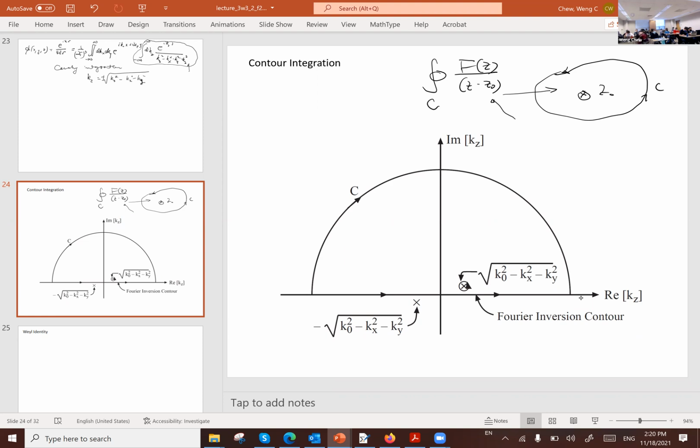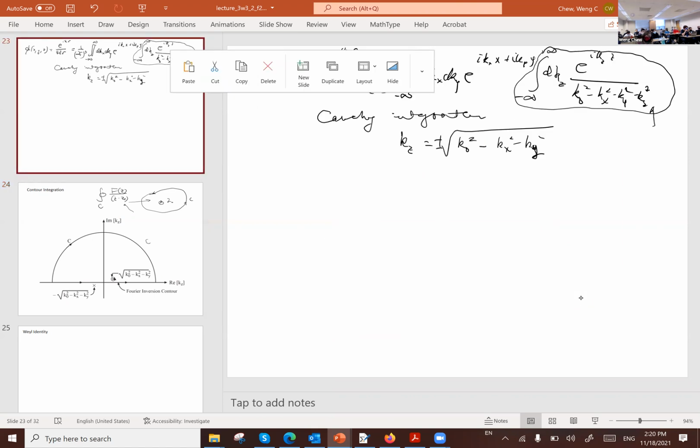So what you can show is that integration on the real axis is the same as integration on the real axis plus this integration on the contour C, if the integration on C is equal to 0. When you try to integrate on C, it contributes 0.